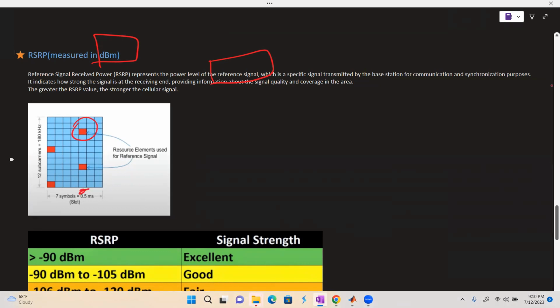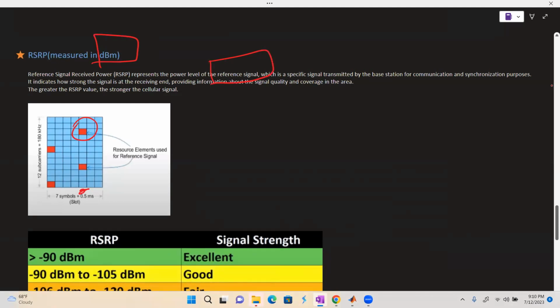All the signals sent by base stations are specific to frequencies and times. So the mobile phone already knows that at this point in time, at this point in frequency, the base station is going to transmit this particular reference signal. And on top of that, it also knows the strength, or the power, that the base station is using to send this reference signal.